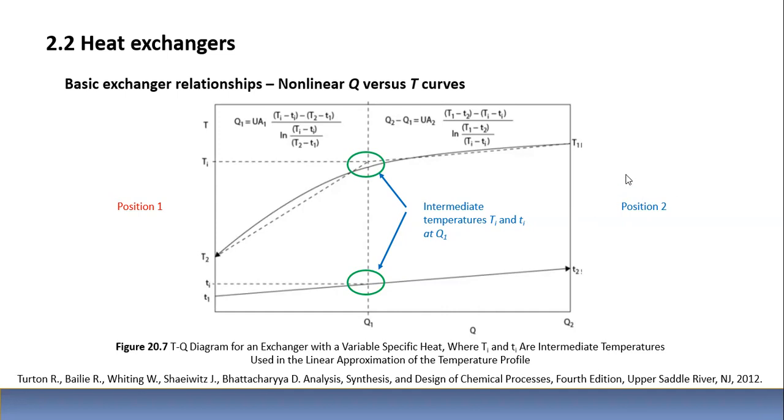That's why we see that on the first zone, what will be the logarithmic mean temperature difference? Let's just say we simulate 2 exchangers, we partition the exchanger in two sides so that the hot stream is coming in not at T1, but actually at Ti. That's where you see Ti right there.